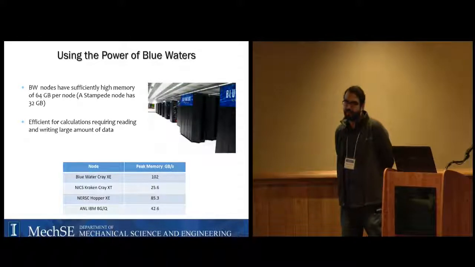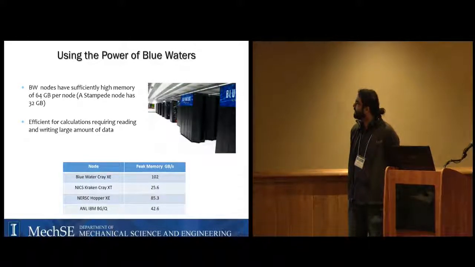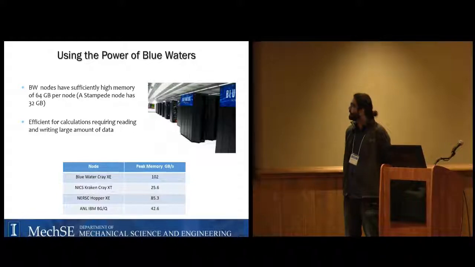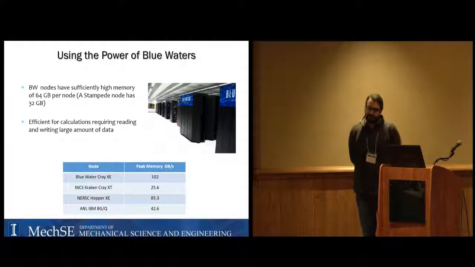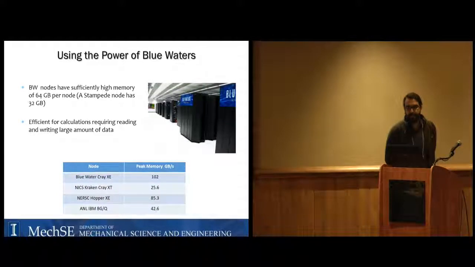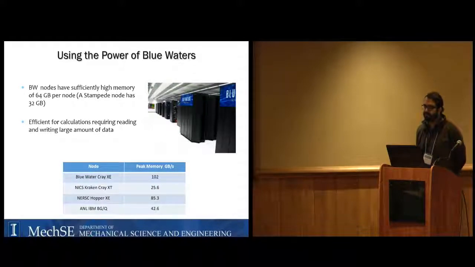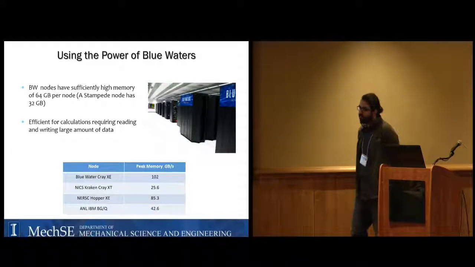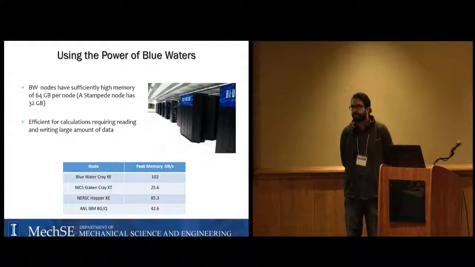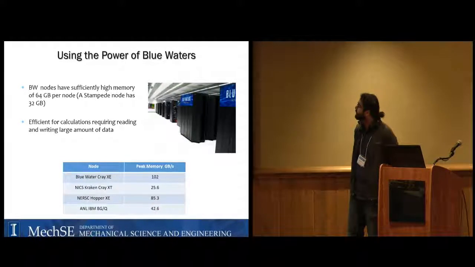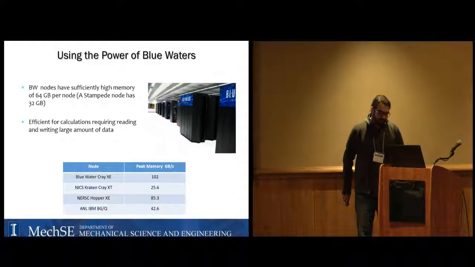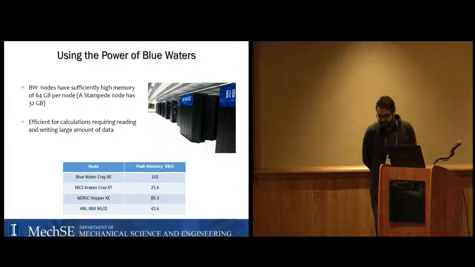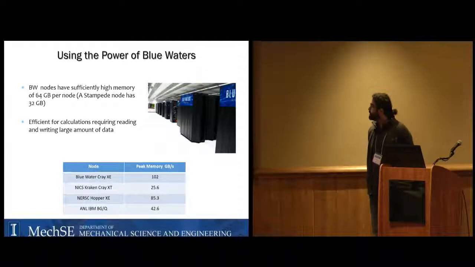The systems involved almost 500,000 atoms, and, as we will see later on, some of the simulations are based on diffusion. We had to run them for a long period of time, so we required a very powerful computational resource.